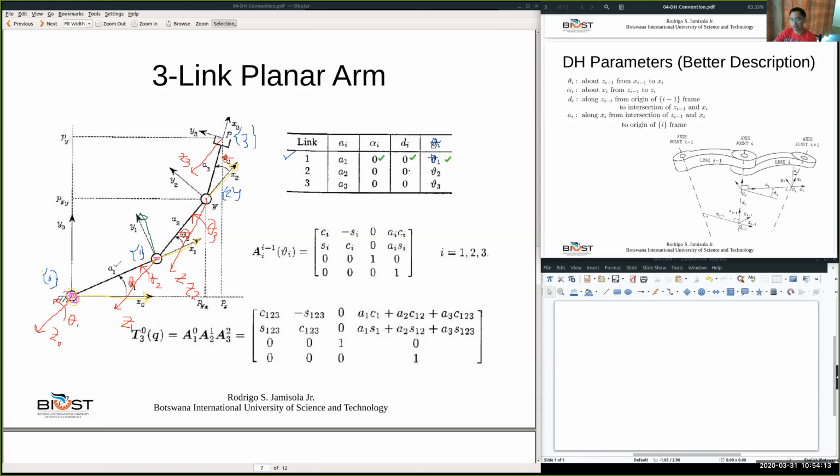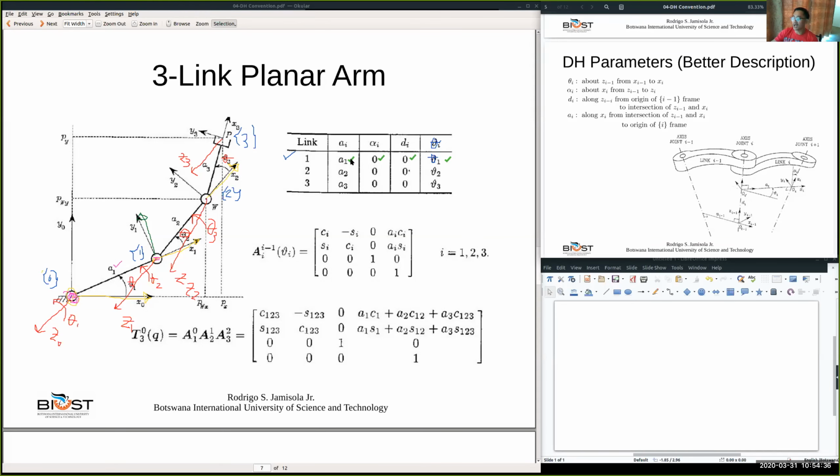As you can see, it's already labeled A1, and it is positive. It's along X1 from the intersection of Z0 and X1 to the origin of frame 1 in that direction, and so it's positive A1.